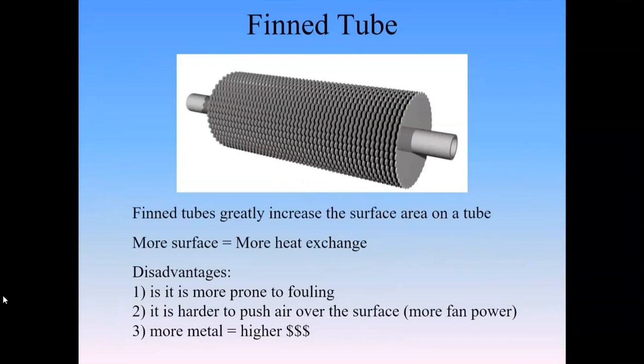How we can make a bare tube exchange more heat is what's known as a finned tube. So in a fin tube, what we do is we take that bare tube, which has the fluid that we're trying to heat or cool moving through it, and we add a whole bunch more surface area. So the surface area that we add is on those fins, and it allows a lot more surface for us to move heat in or out.